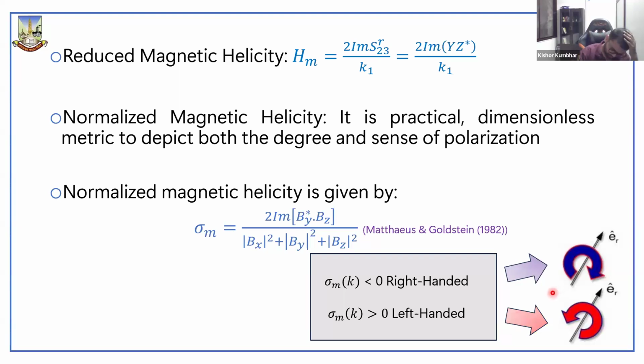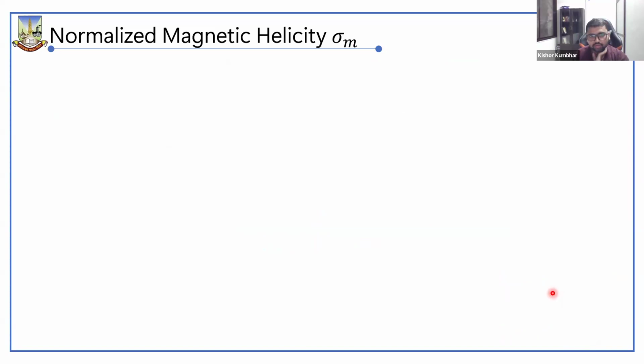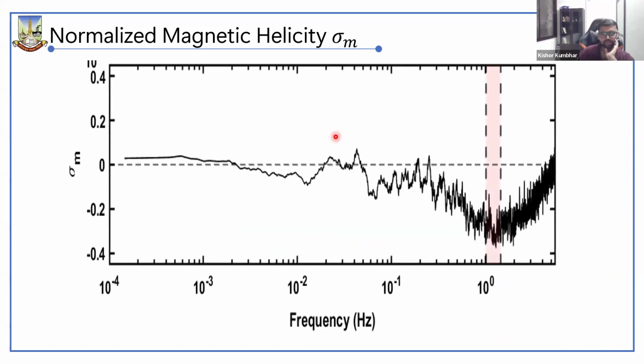Furthermore, there is another interesting fact about this magnetic helicity. Maybe I can show you the next spectrum and then we can discuss it. This is a plot of our magnetic helicity spectrum, which we have estimated using the FFT algorithm. You can see that the magnetic helicity within the inertial range oscillates between positive and negative.